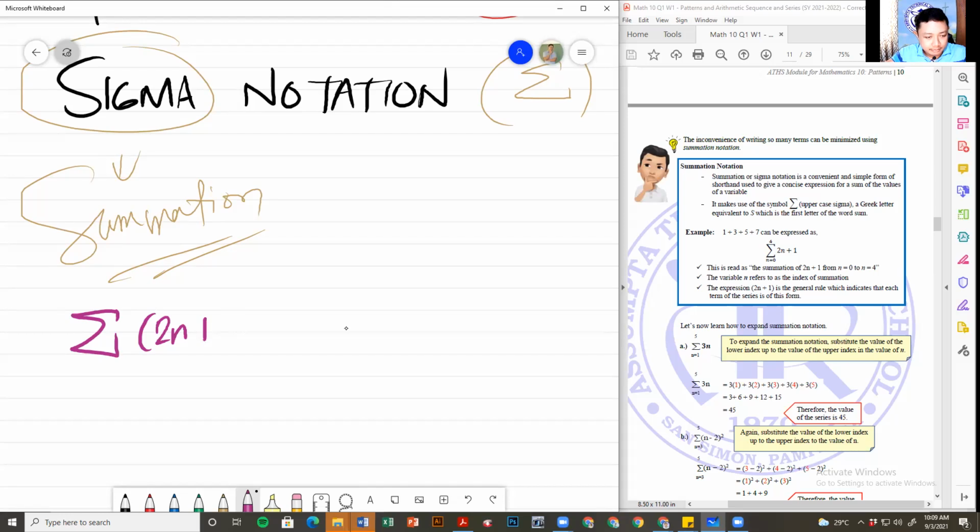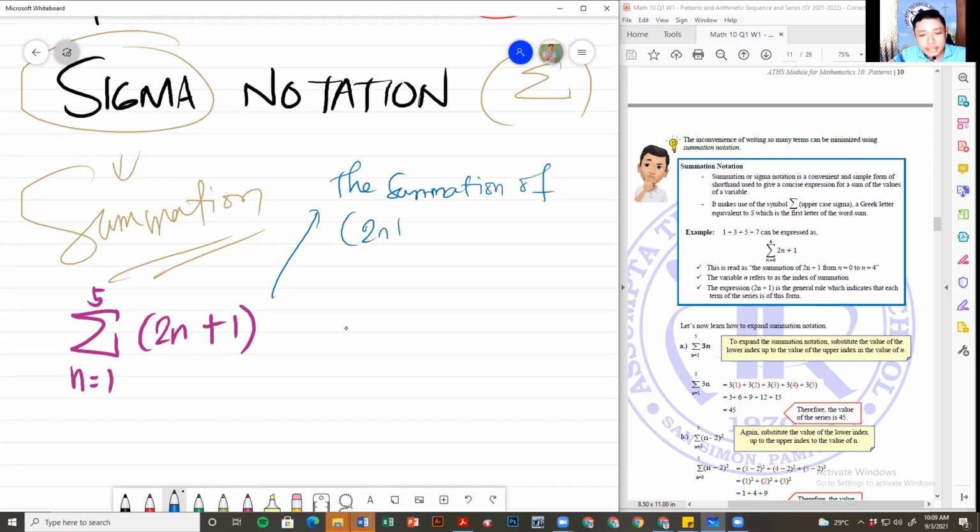And then meron tayong symbol dito. So this is read as the summation of 2n plus 1 from n is equal to 1 to n is equal to 5.